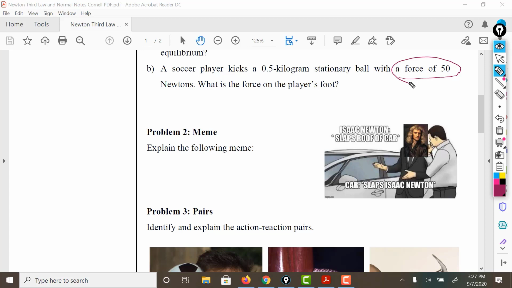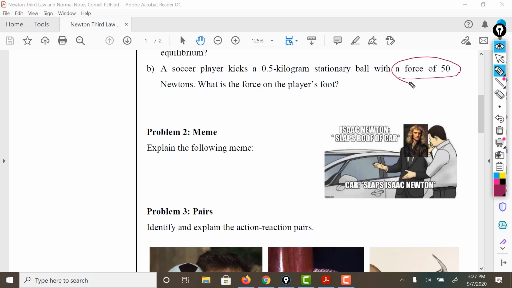It isn't until you push with a greater force and everything becomes unbalanced that things begin to move. So consider for a moment, if you push anything and it doesn't budge, it's because it's pushing back at you with an opposite and equal force. So for the soccer ball, if the foot hits the soccer ball with 50 newtons of force, guess what?